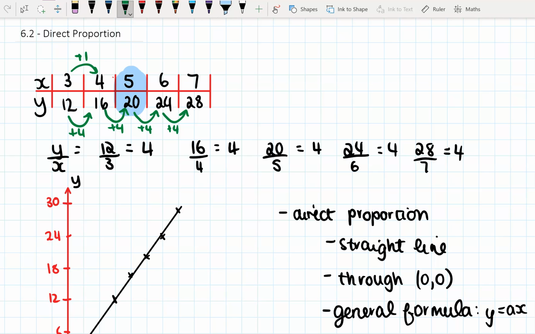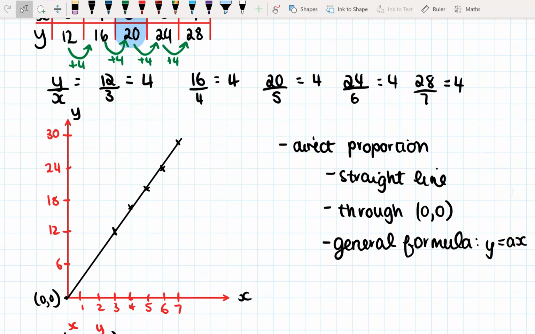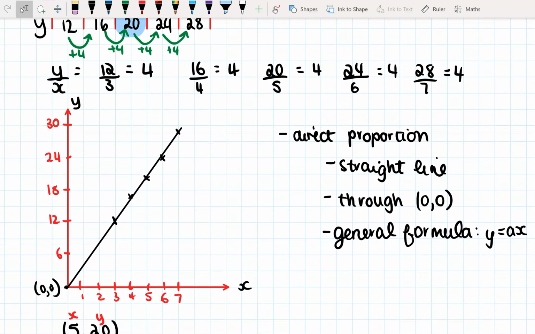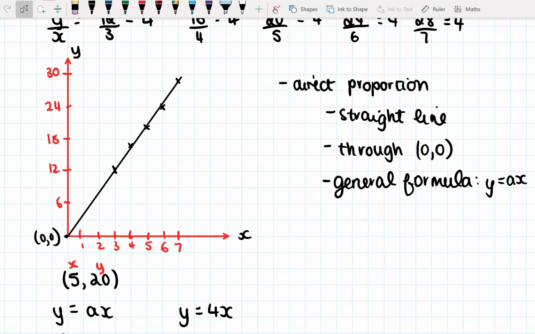Above, you can see that our x's always went up by 1 and the y's always went up by 4. That's why we can say that it is direct proportion. That gives us a straight line that goes through 0, 0, and our general formula is y equals ax. Basically, this is the same as your standard formula y equals ax plus b, except b is 0.